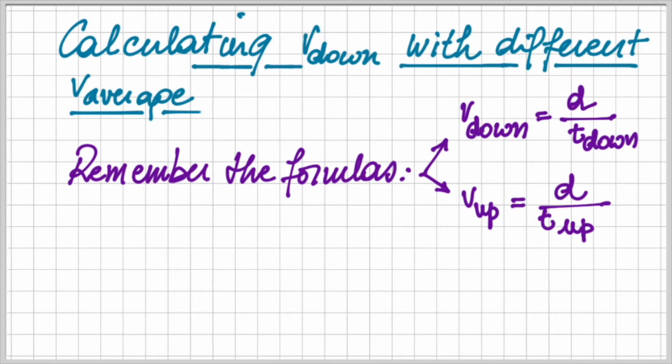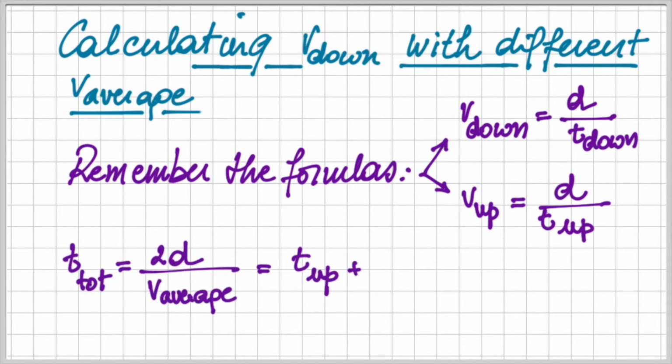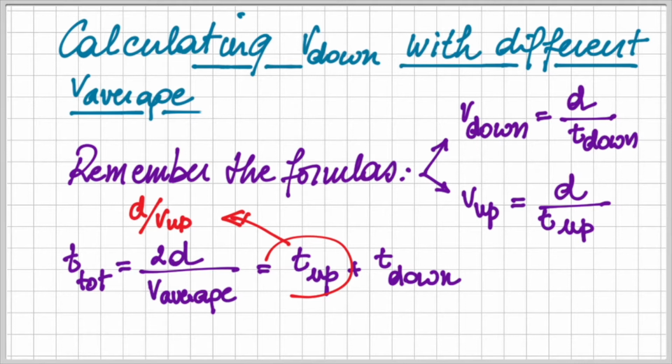And we can find from this that the total time that we need is 2 times d divided by the average speed I want to reach, and it's equal to the time to go up plus the time to go down. Now we know that the time to go up is d divided by the speed up, and the time to go down is the same formula, but now we divide d by the speed going down.